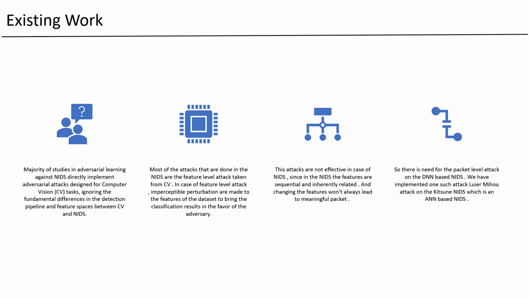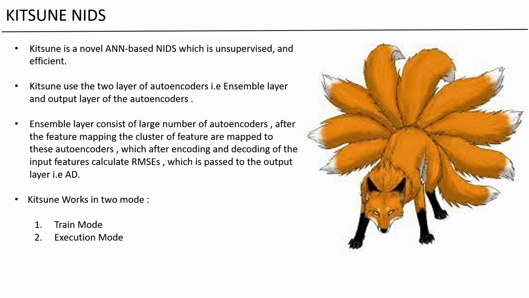To understand the attack, we need to understand the working of Kitsune. Now, Kitsune is a network intrusion detection system based on a neural network and designed for the effective detection of abnormal patterns in network traffic. It operates by monitoring the statistical patterns of recent network traffic and detects anomalous patterns through an ensemble of autoencoders.